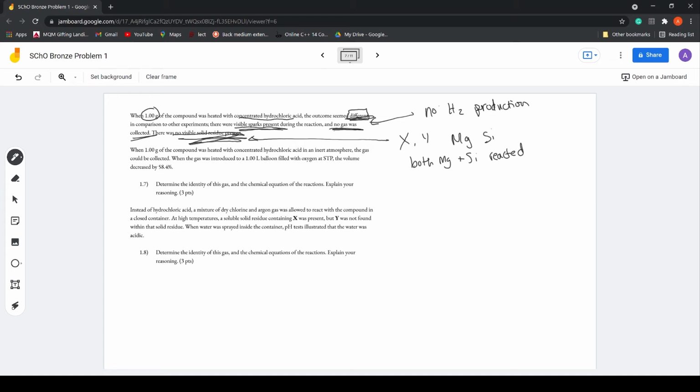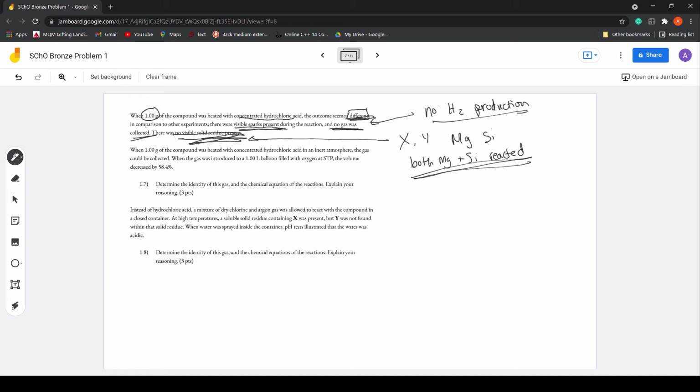Again, this is not a sign of hydrogen gas, right? With hydrogen gas, it's only once you put a little lit flame that you get a little mini explosion. If there are visible sparks, we know that it's definitely not hydrogen gas. There's something else at play. So no hydrogen, and both of these are reacting. Okay, so those are the 2 key important things we want to know when we're looking at how to predict these reactions.